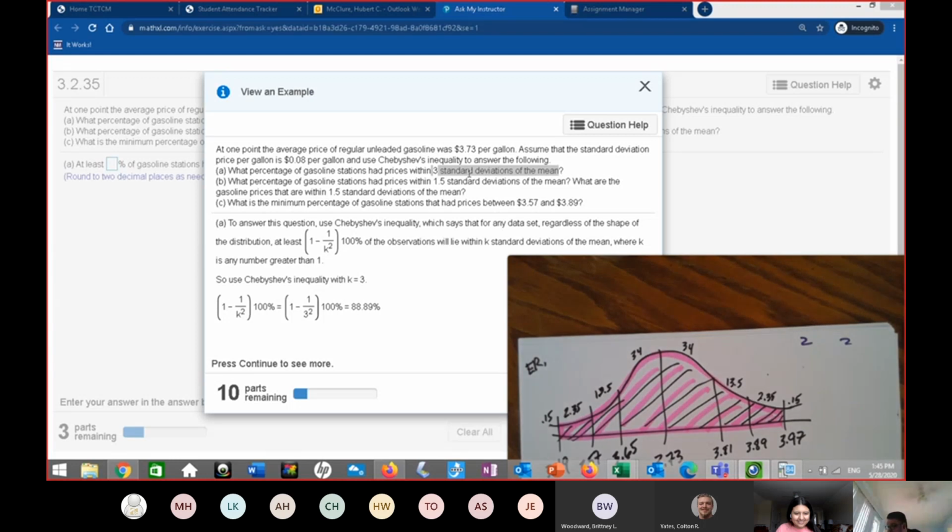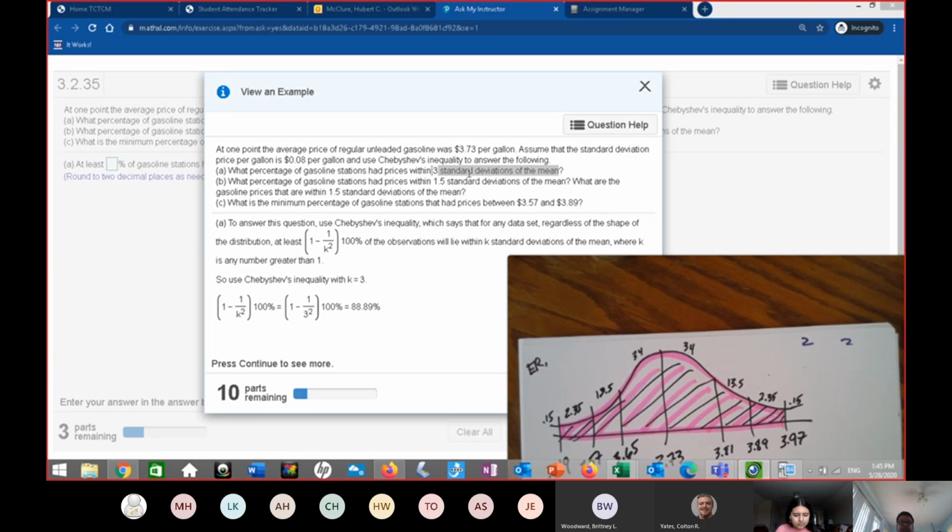So that adds up. That's 97. Is it 97? 99.7%, I think. Somebody add all those up. So with the empirical rule, 99.7% fall within 3 standard deviations.